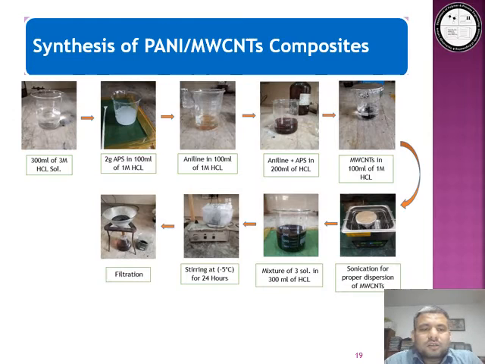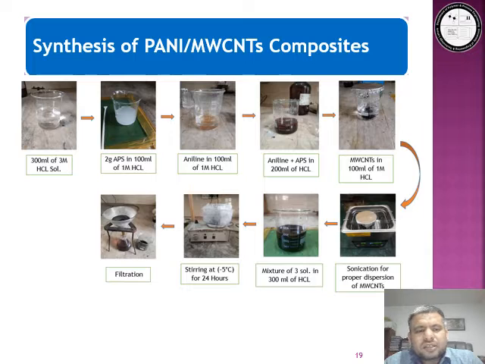So, the first is the synthesis of nanocomposites based on polyaniline and multi-wall carbon nanotubes. As the first step, ammonium persulfate was dissolved in HCl to get a uniform solution. Secondly, the acidic solution of aniline was prepared by dissolving 5 ml of aniline in HCl.